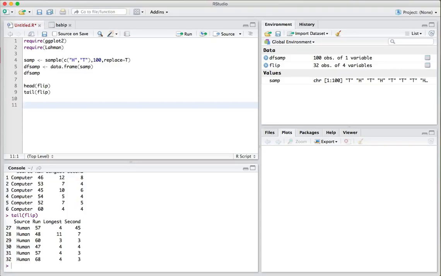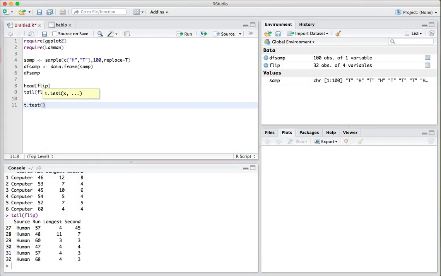One thing we can do is to take a look to see if there's a difference in the number of runs that students generated versus the computer generated. One thing we can do is to ask if there is a statistically significant difference between the number of runs that the students generated with their own coin flipping and the runs that are generated. So we can just do a t-test.